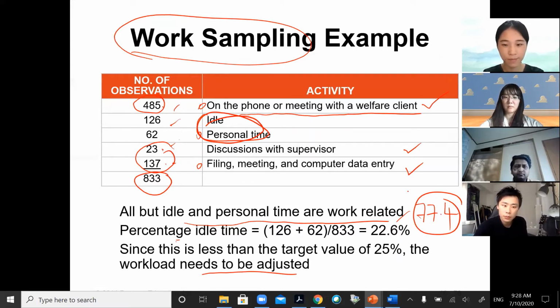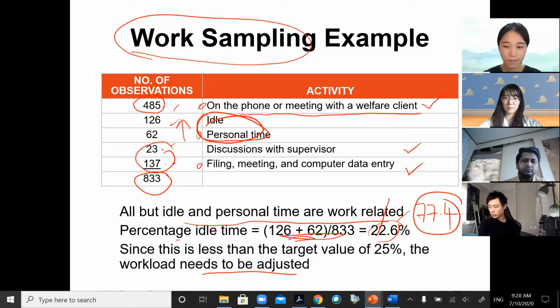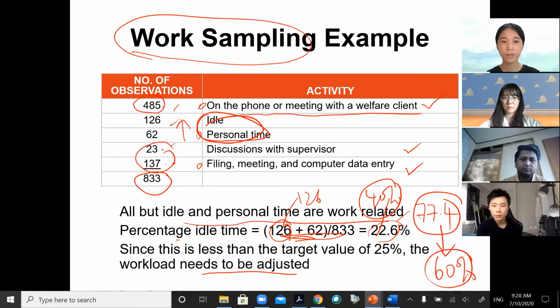Understand? So you're paying his salary, and he is 77% working. Imagine if this were not 22% but higher, say 40%. What does it mean? It means that the worker is only 60% productive.